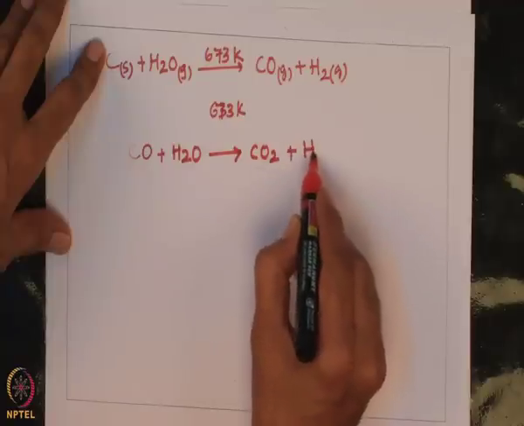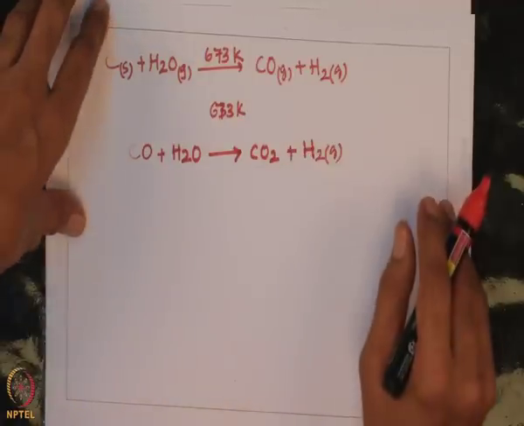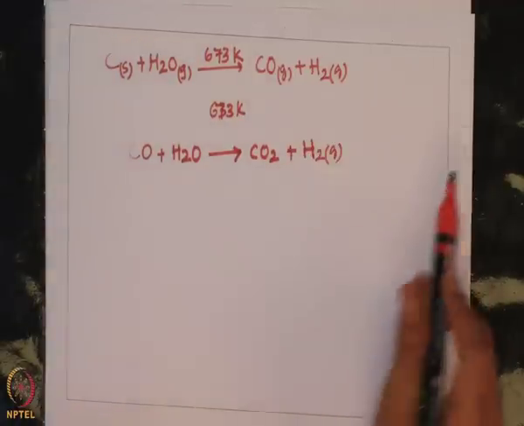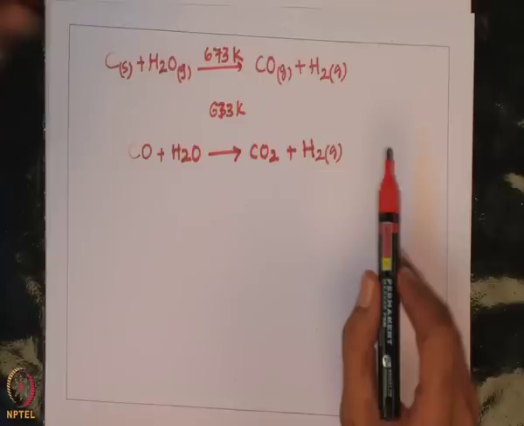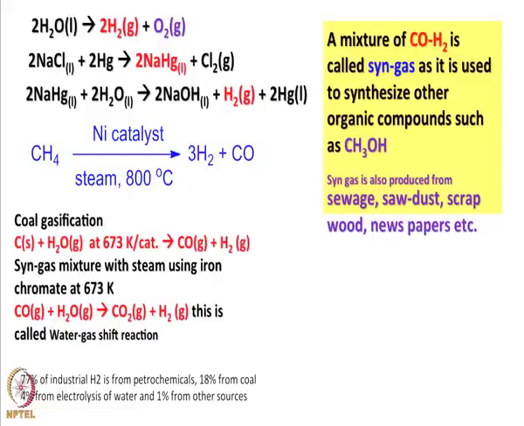So, this method is called coal gasification. Of course, this is also called the water gas shift reaction. As I said, this syngas can also be prepared starting from sewage, sawdust, scrap wood, newspaper and other waste materials.